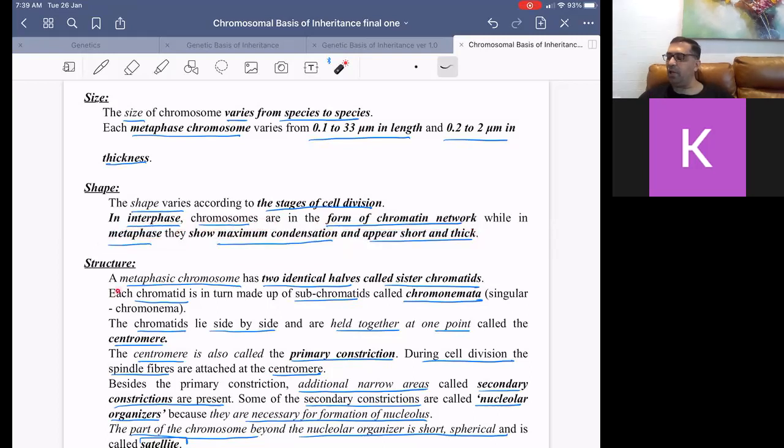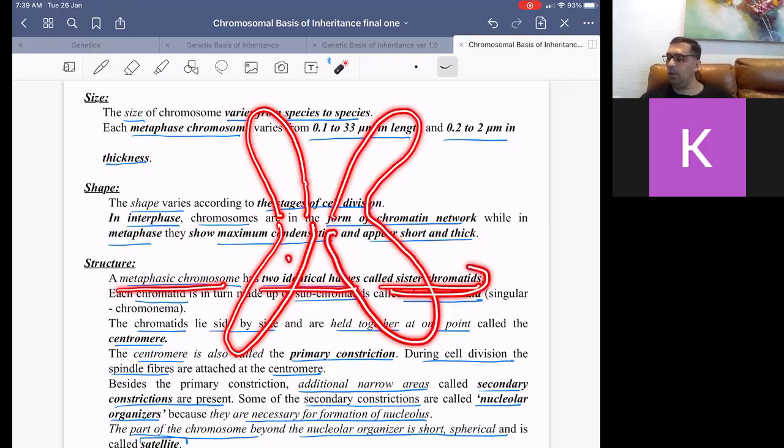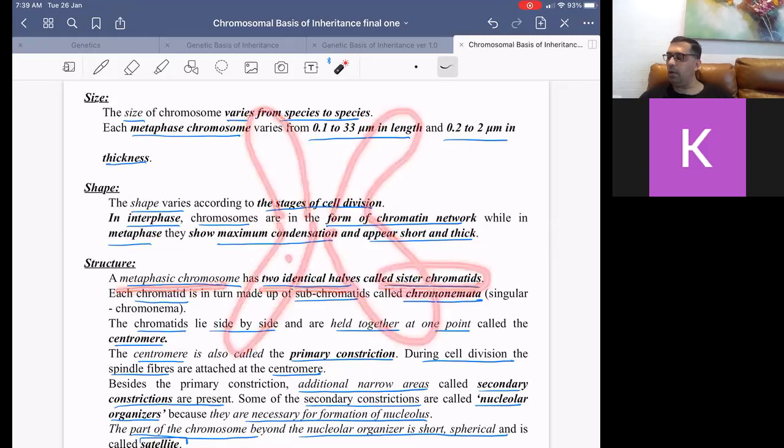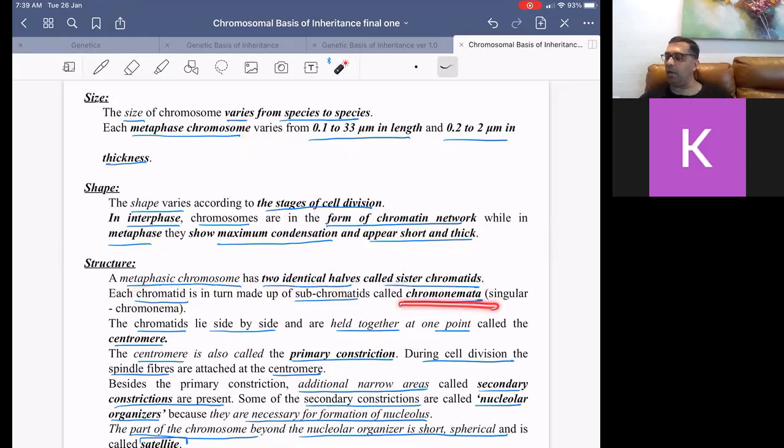And a metaphasic chromosome has two identical halves called sister chromatids. Each chromatid in turn is made up of subchromatids called chromonemata.